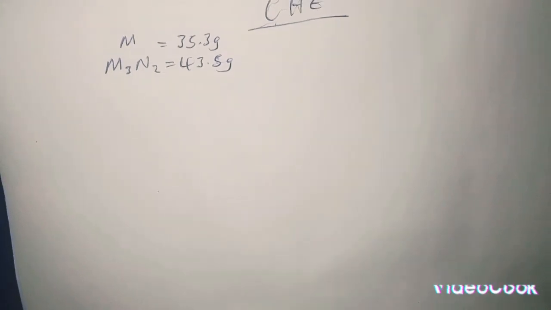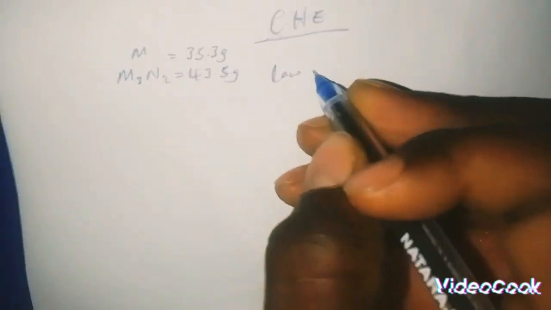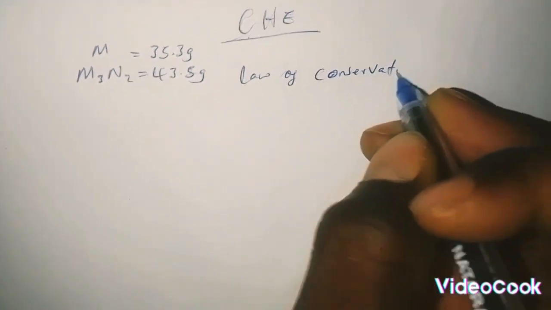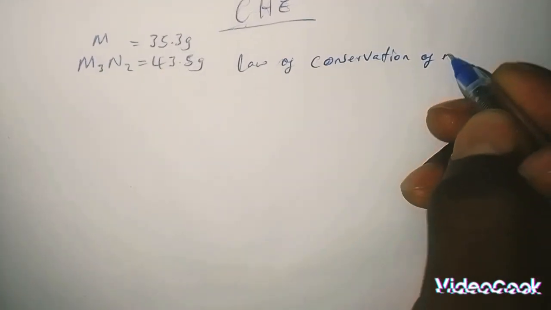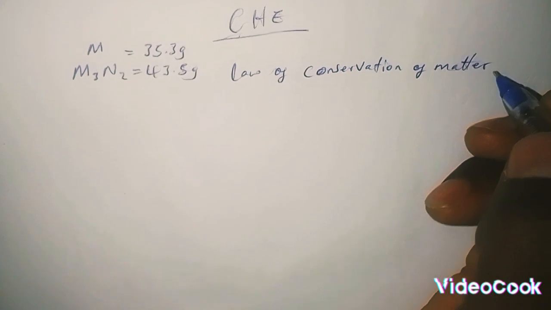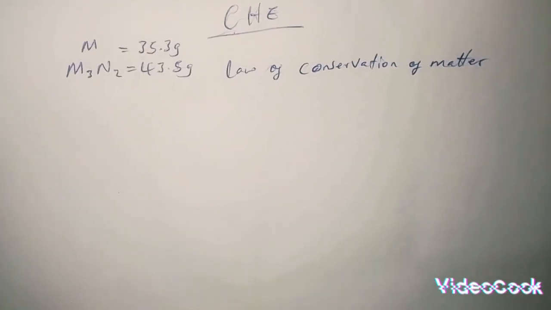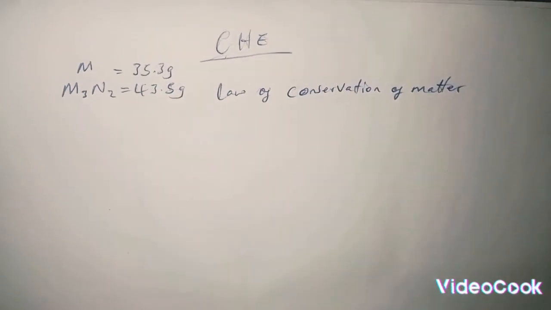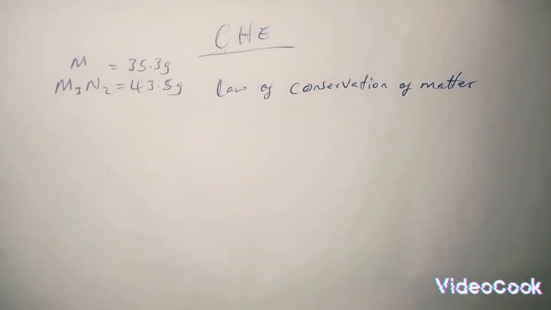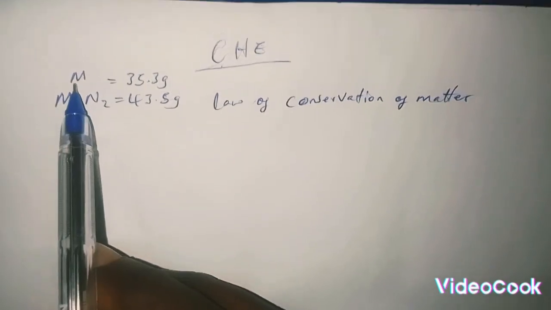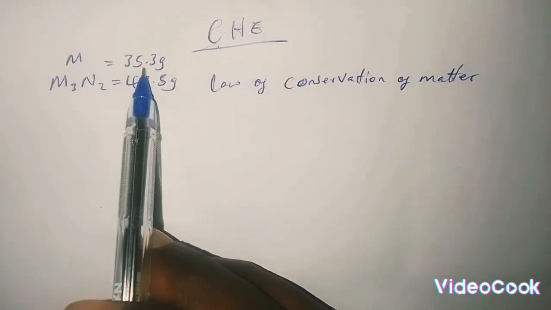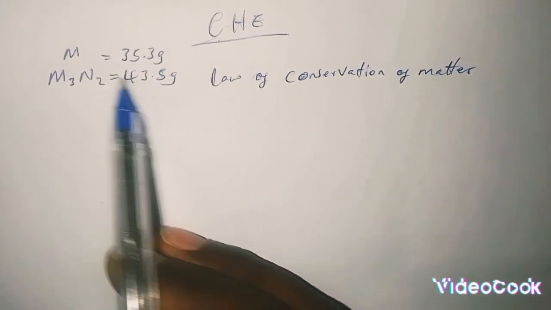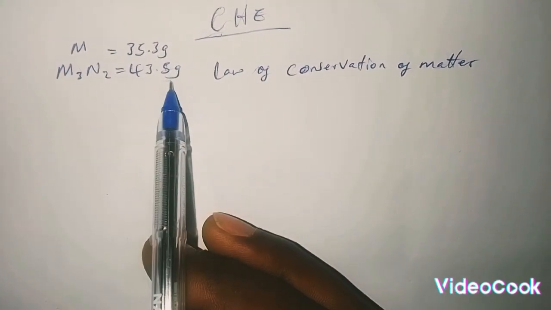We know that there is a law of conservation of matter. The law of conservation of matter states that the amount of reactants is equal to the amount of products, which means if M, which is 35.3 grams, was reacted with nitrogen to produce this, what does this mean?